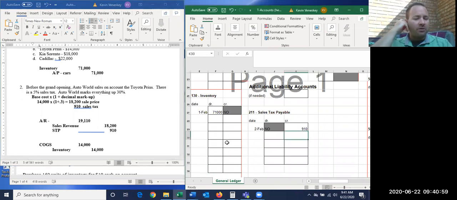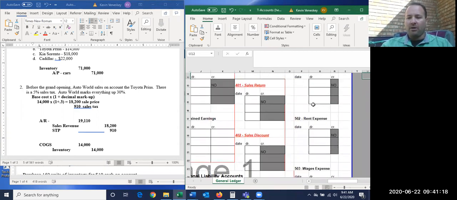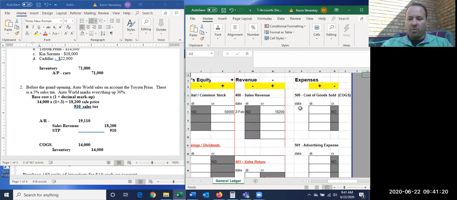Think of this as very similar to using supplies. When we use our supplies, we debit the supply expense and then credit our supplies. In this case, it's just inventory. And instead of calling it inventory expense, you call it the cost of goods sold. That's just the terminology that's used. All right, so let's go up to our new account, our cost of goods sold, the one we haven't used yet.